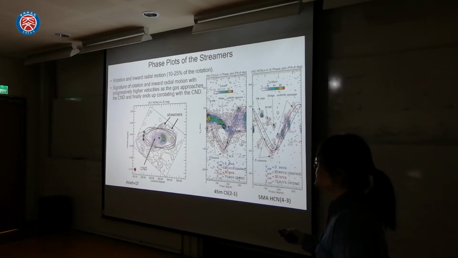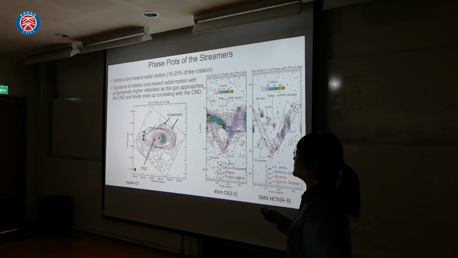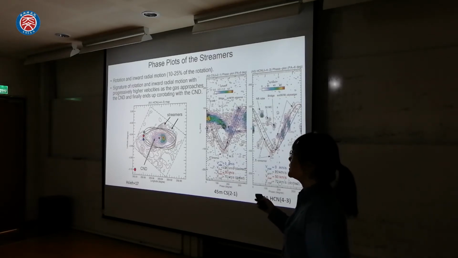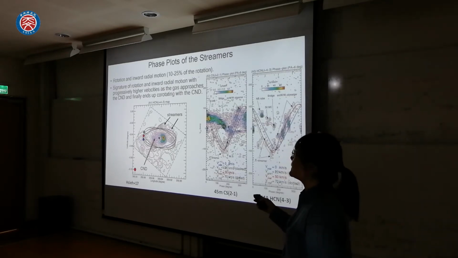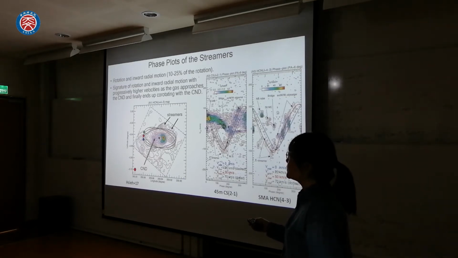If we consider this radial inward motion as inflow velocity, then for the streamers we need 10 to 25 percent of the rotation to explain the observed kinematics.